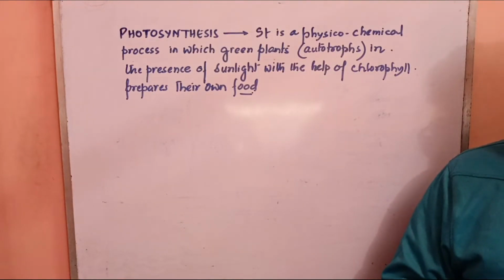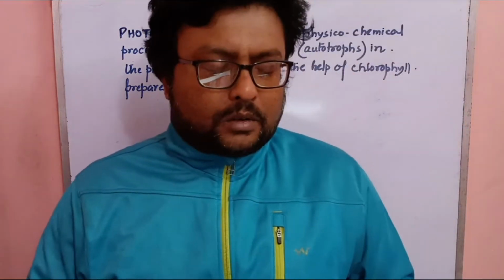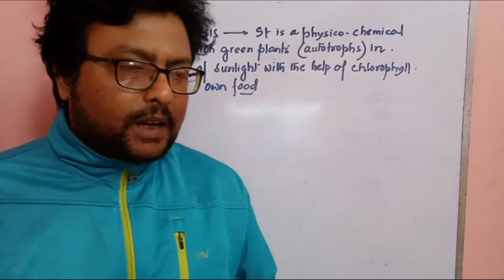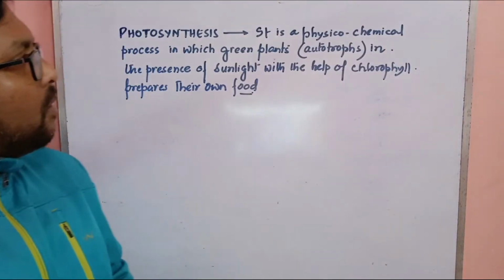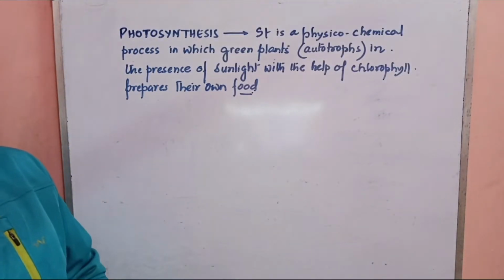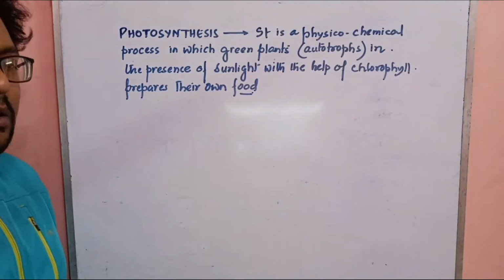We can say that it's a process by which green plants, we even call them autotrophs, since they can prepare their own food. That's why they are known as autotrophs. So green plants, in the presence of sunlight with the help of chlorophyll, prepare their own food.